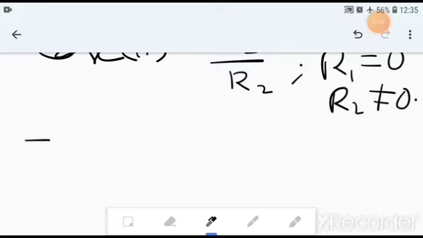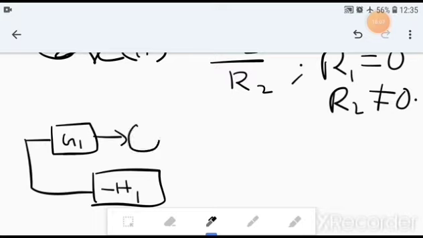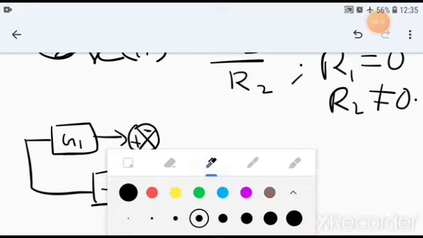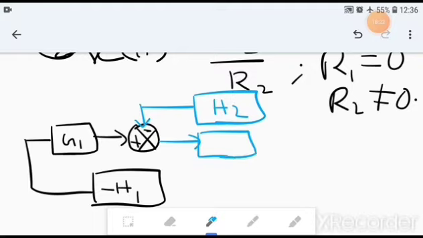When we vanish summing point 1, we get G1. In the negative feedback here, we take it as minus H1, and summing point 2 is present with the negative feedback. We take H2 as the feedback path, and here we have G2.